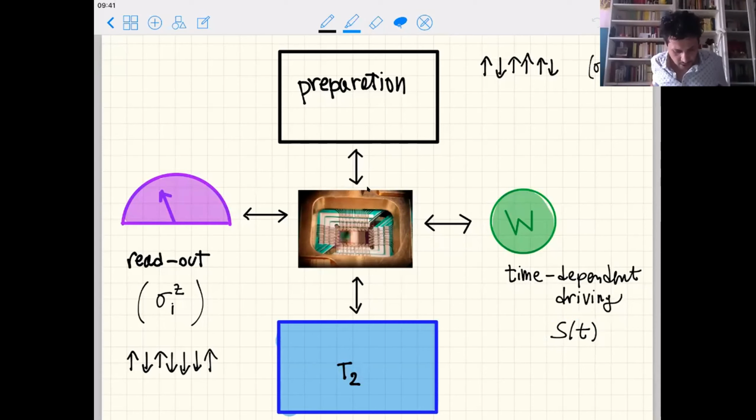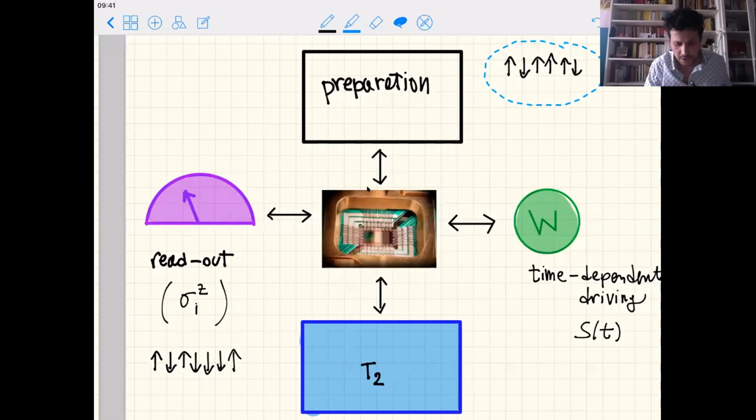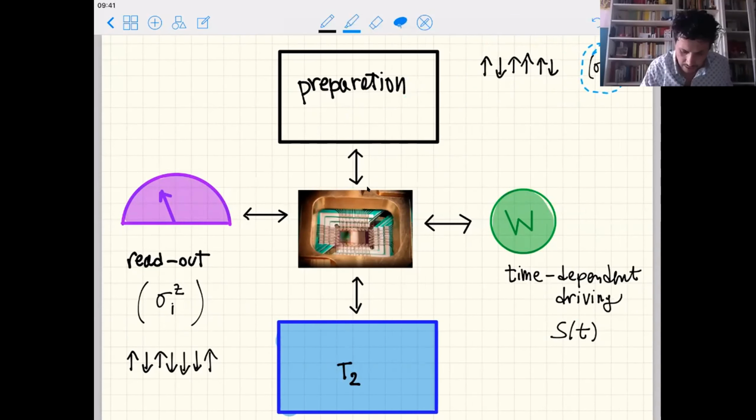You can also interact with it by preparing the state of your system. So this is preparation here. You can prepare your initial state, for example, this one, or any other eigenstate of the sigma z operators here. And then you also have the possibility to read the expectation of the Pauli operators sigma z at final time.